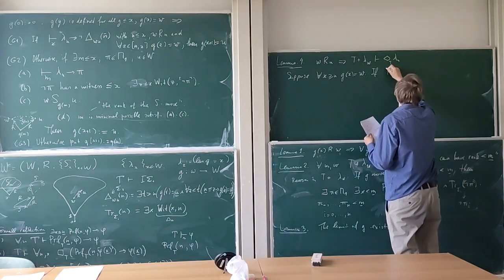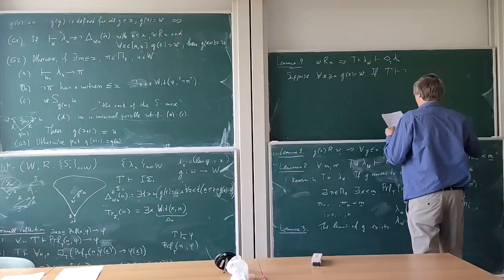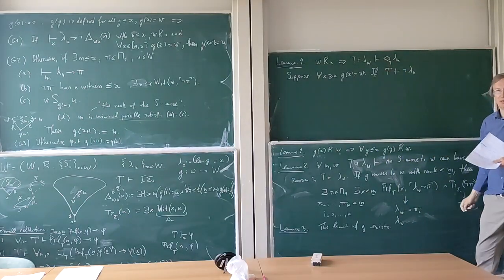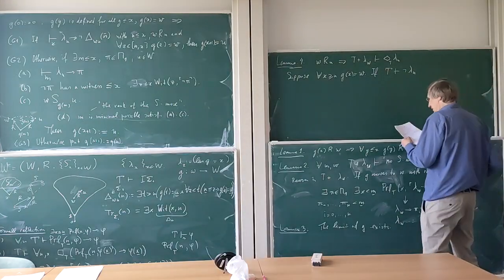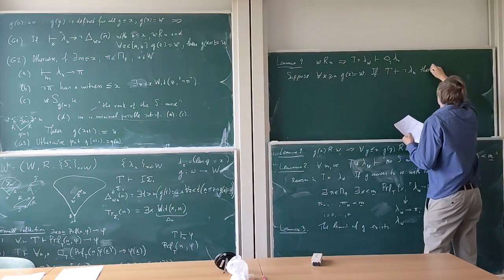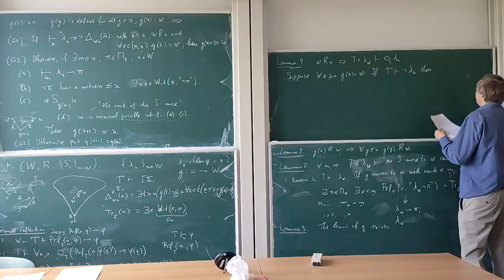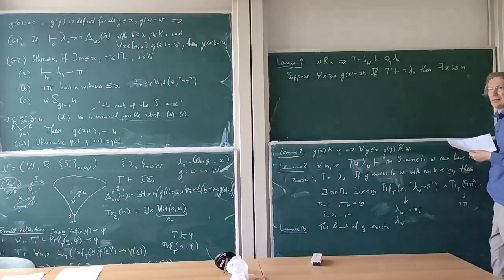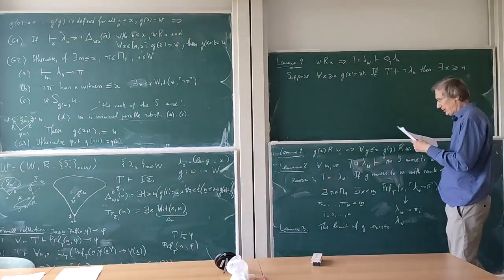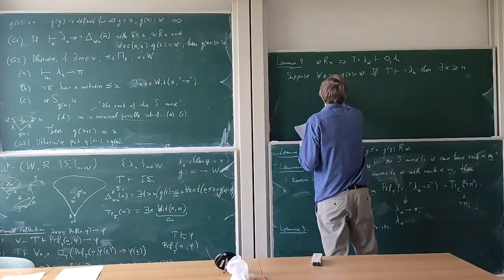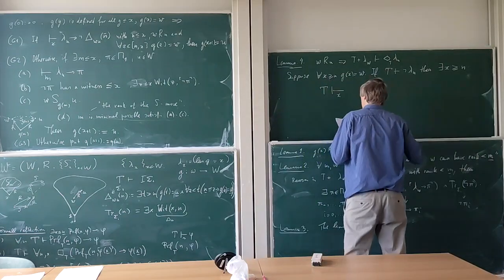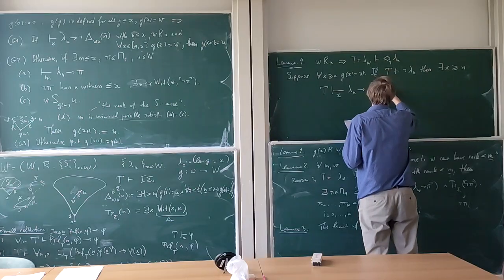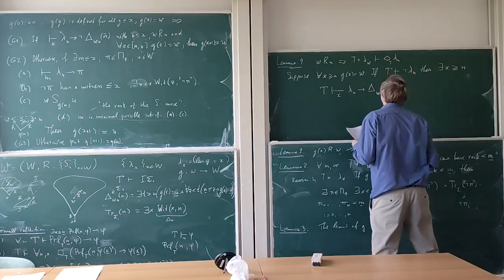If T proves not lambda u, so assume otherwise, that T disproves lambda u, then there is an x, which we can assume bigger than n, such that x is a proof in T of lambda u implies delta w u of n.